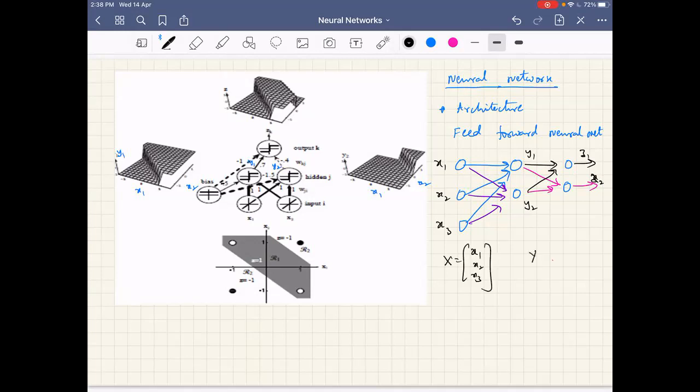And the hidden variables are y1, y2, and the output variable is z1, z2, right? And as I mentioned, this is referred to as the input layer. So the variables where we input is the input layer.